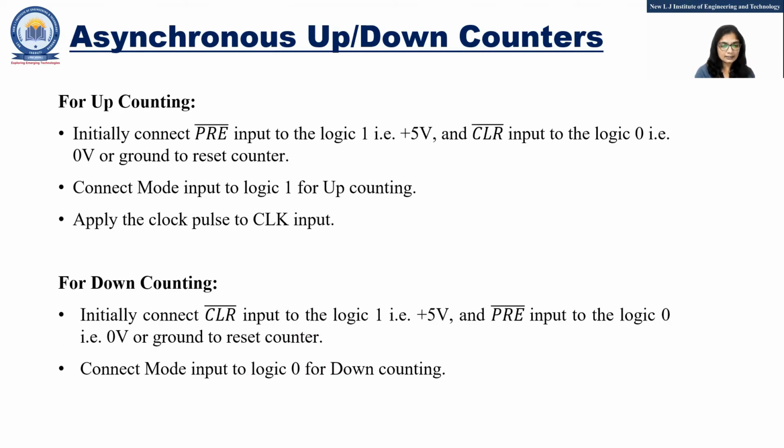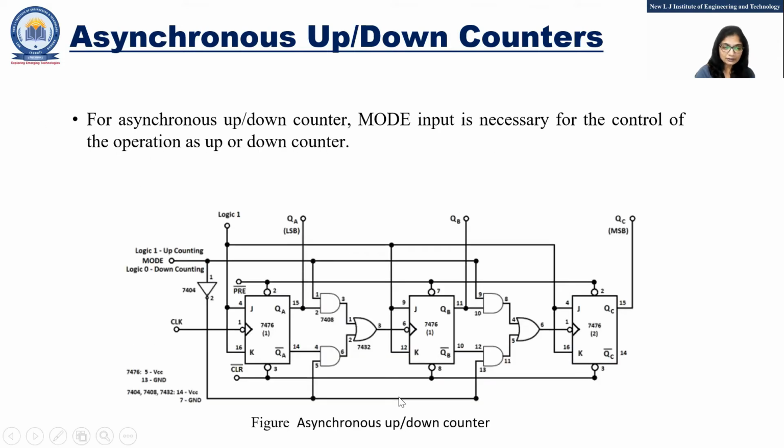Suppose for up counting, this mode input will be connected to logic 1. And suppose I am going to use down counting, then this mode signal will be 0. So whenever M is 1, this circuit will work as up counter. Whenever this mode signal is 0, this circuit will work as down counter.